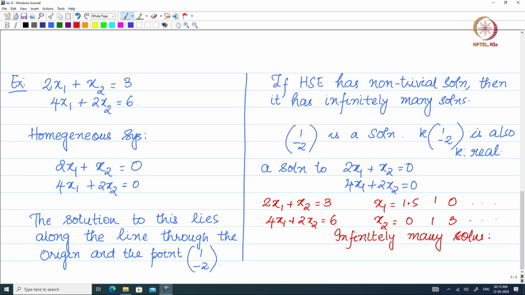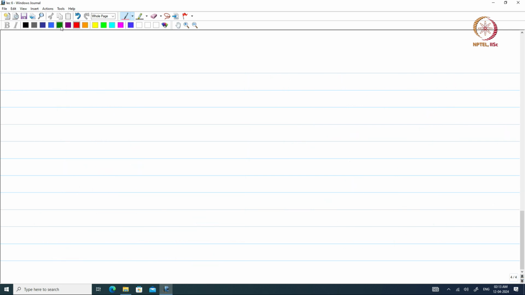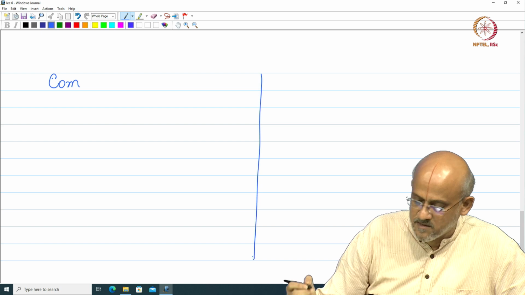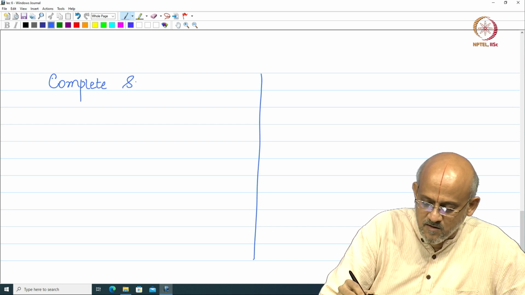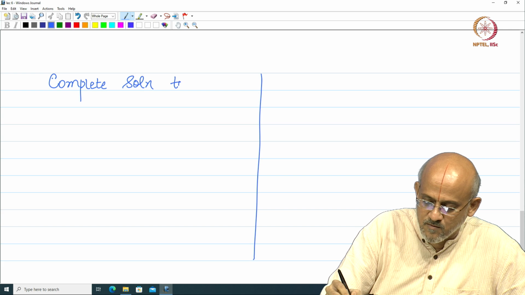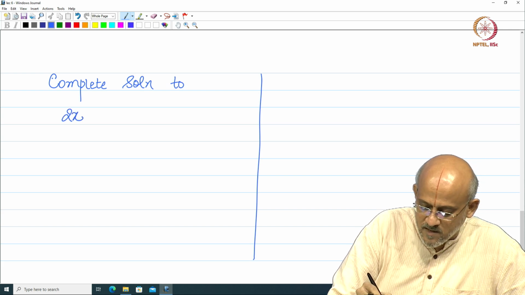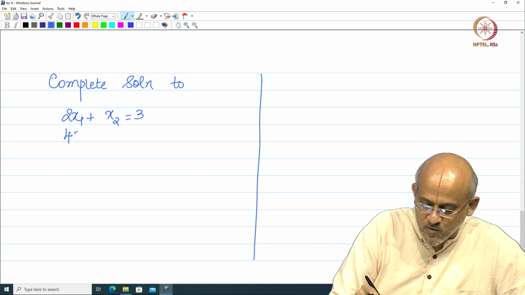So, if you want to look at the total solution to this given system of equations, let me call that the complete solution to 2x1 plus x2 is equal to 3 and 4x1 plus 2x2 is equal to 6.